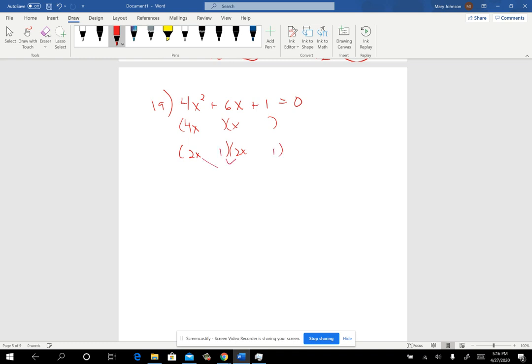But I can't get a 6x out of that one. And here I'd have a 1x and a 4x. I can't get a 6x out of that one either. So once I've tried doing the factoring, I'd say, okay, well, that's not going to work. And so then once I know that's not working, I'm going to say A equals 4, B equals 6, C equals 1.